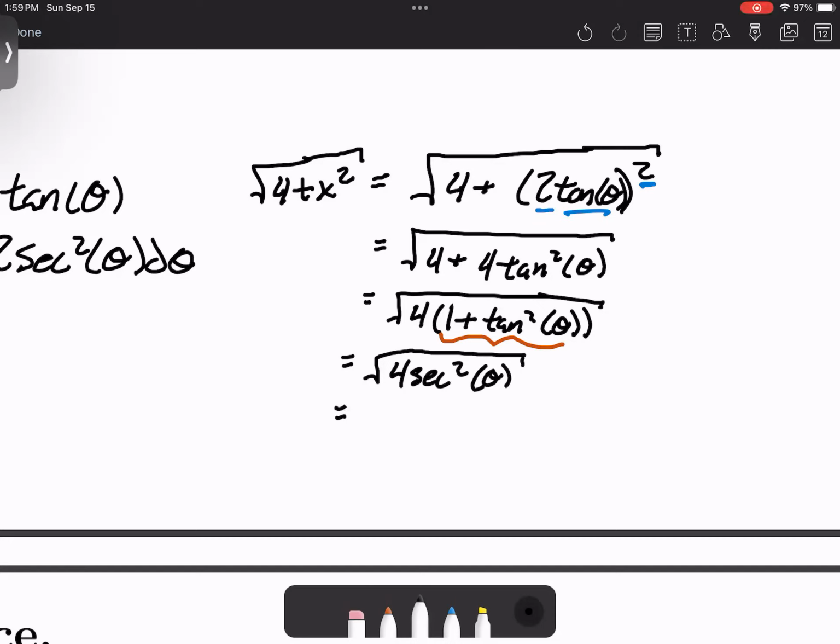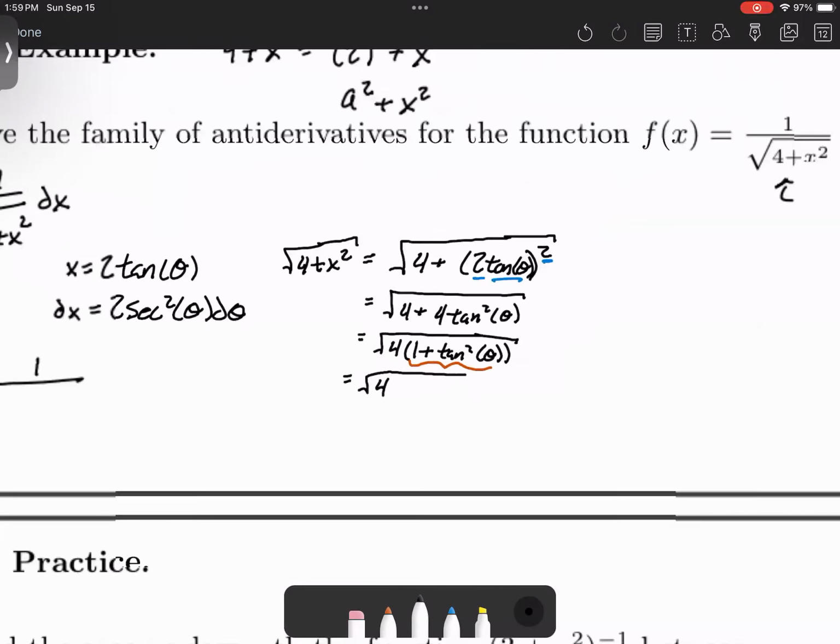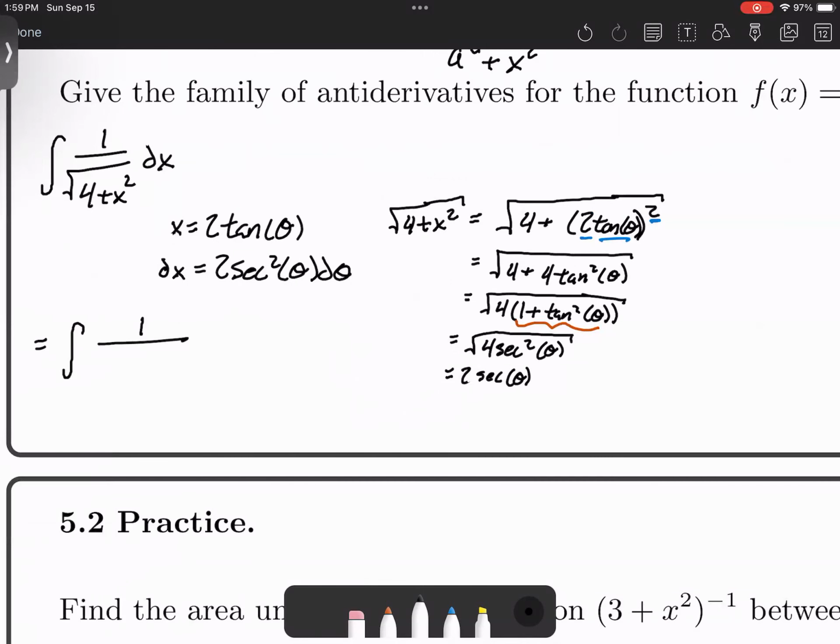And that square root can distribute across the multiplication. The square root of 4 is a 2, and the secant squared being square rooted returns a secant. So I can replace that square root with 2 secant of theta.